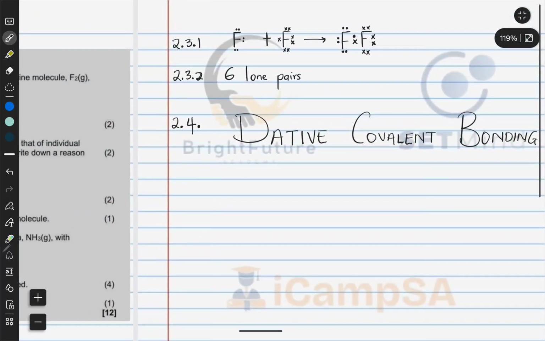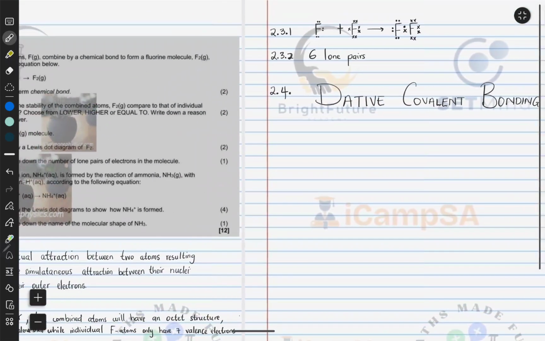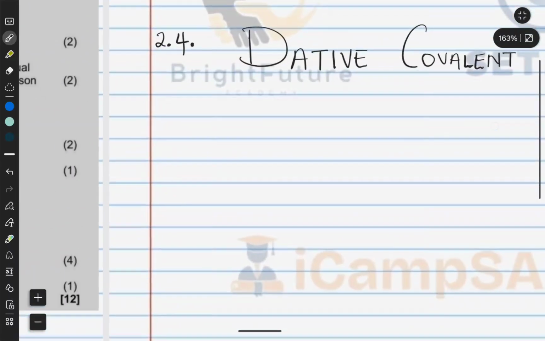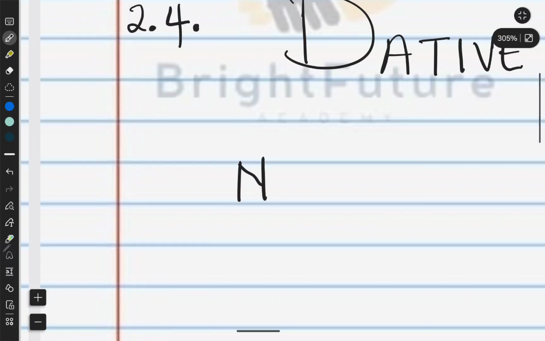All right, so how does it look? Here you have NH3, and then it's going to bond with that hydrogen ion to form NH4 plus. NH3 already looks like this. If we draw NH3, remember N has one lone pair.